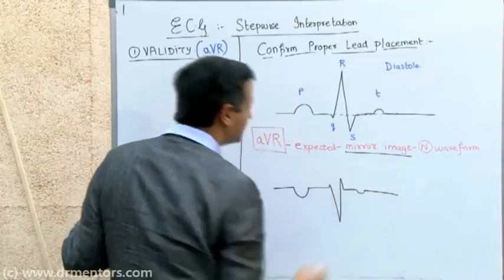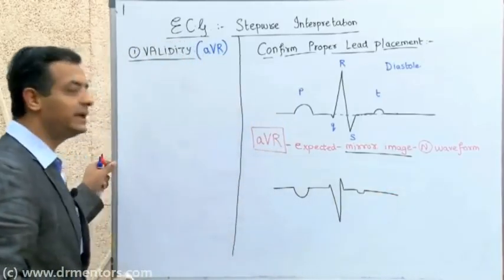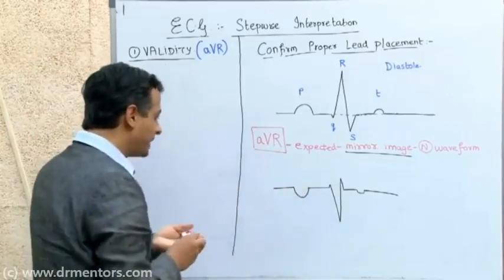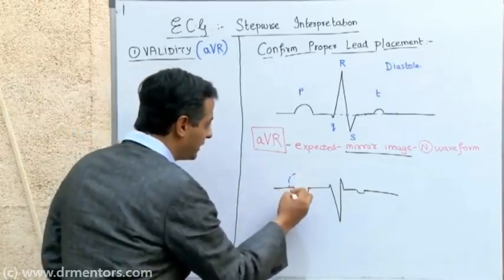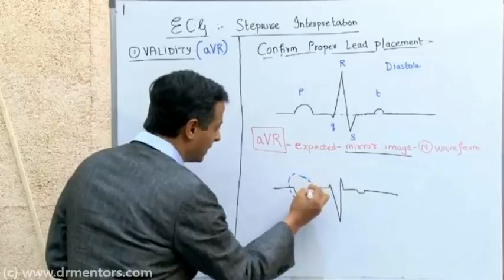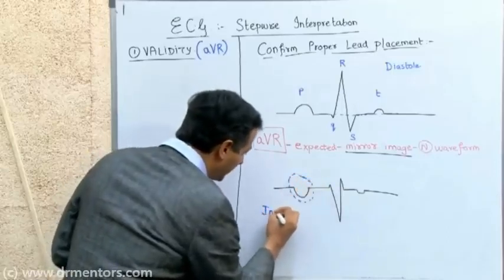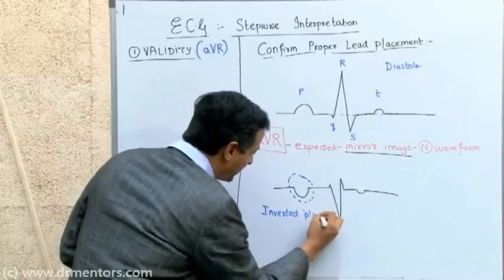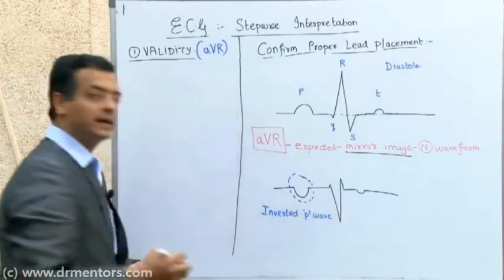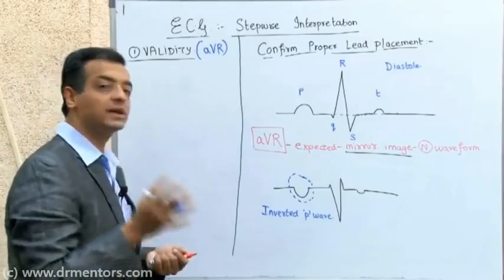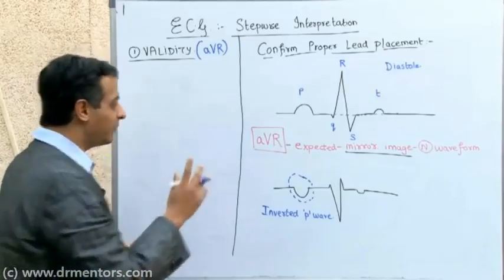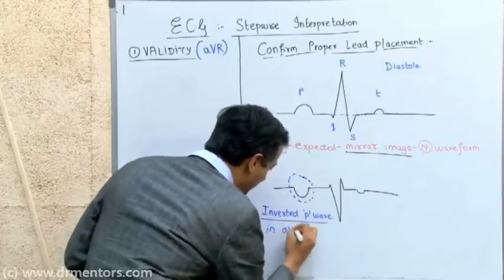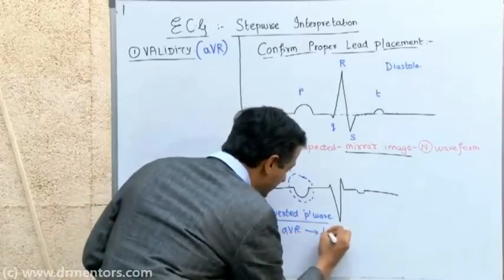Inverted T wave is what is expected on the lead AVR. So I want you to focus your attention on this inverted P wave. If you get inverted P wave in the lead AVR, what can you confirm? You can say that the lead placement is normal. So inverted P wave in AVR is suggestive that the lead placement is normal.